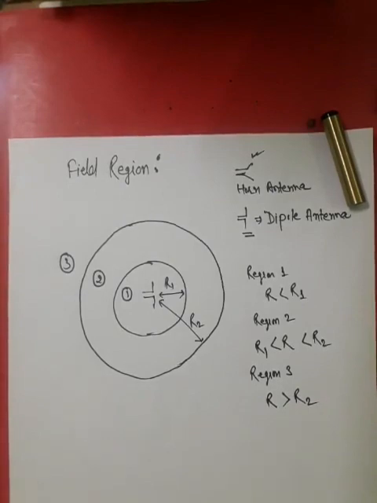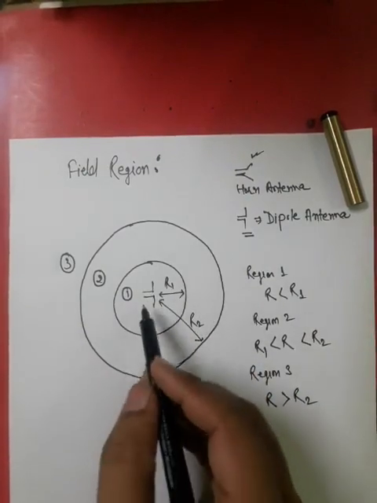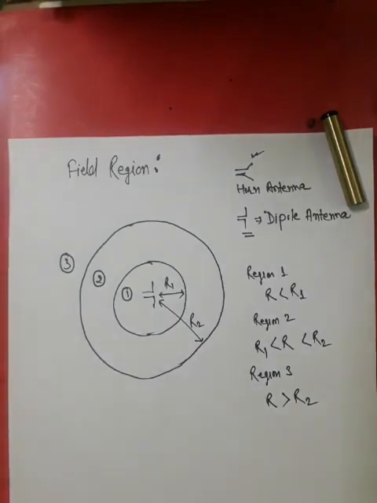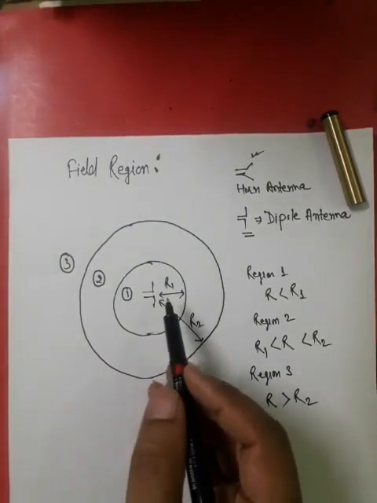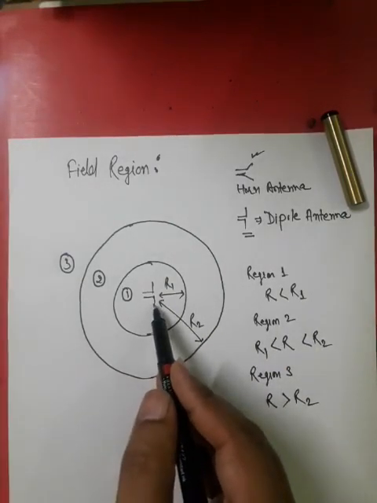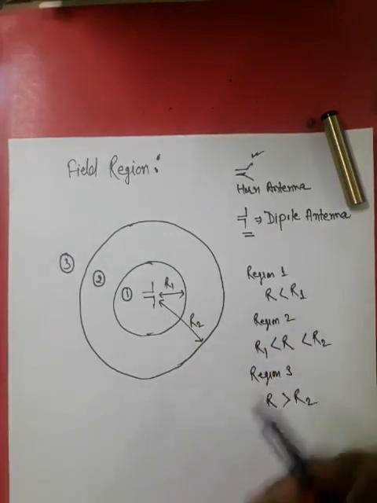So why have I drawn these three regions, region 1, region 2 and region 3? As we are aware, the major work of our antenna as a transmitter is transmitting the electromagnetic wave. When it is transmitting the electromagnetic wave, the transmission is basically divided into these three different regions.